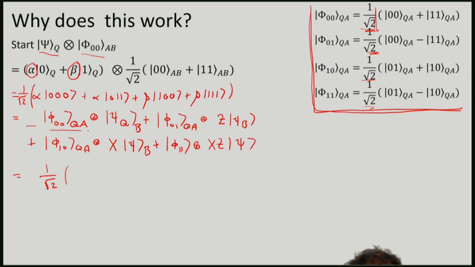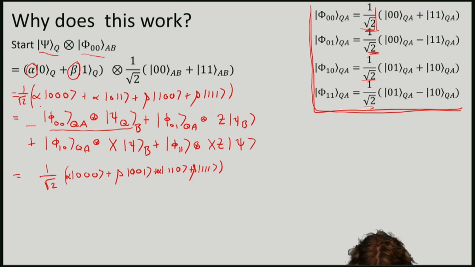From this part I have 0 0 0 times alpha plus beta 0 0 1, plus 1 1 0 from the Bell state times alpha plus 1 1 1 times beta. So this is just from this part over here.